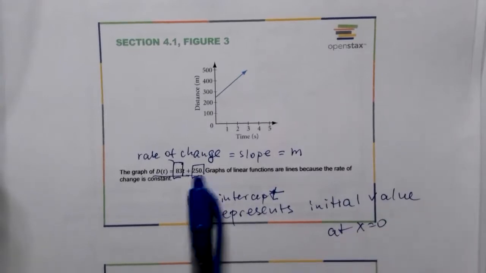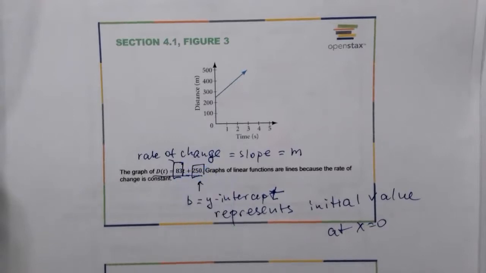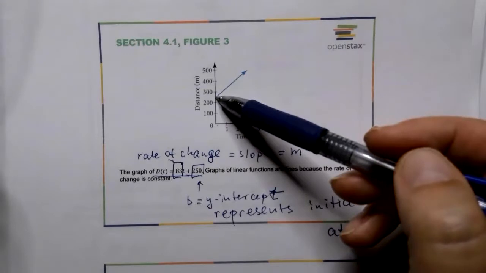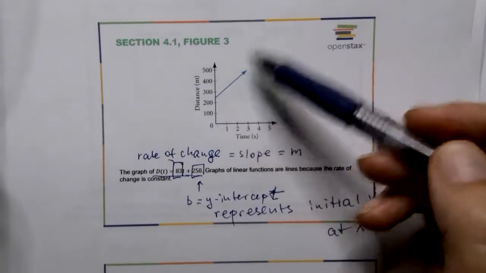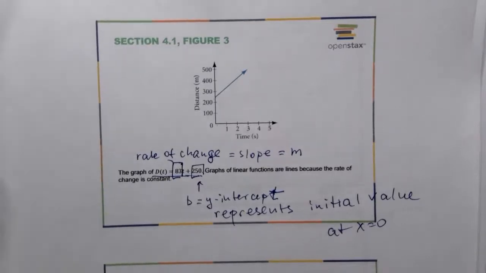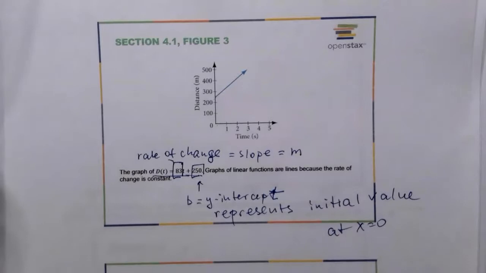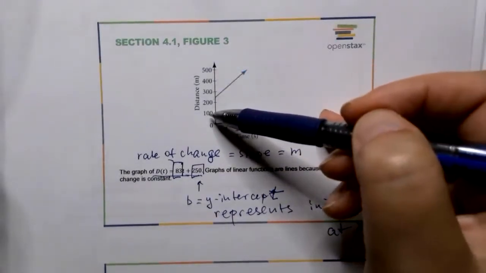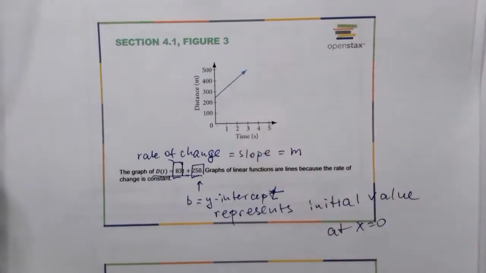That's what this constant means in the equation when applied to real world problems. Okay, so we know the y-intercept is 250, and then the line increases at the rate of 83 over 1. That's the slope, it grows very fast. That's why on the y scale, we have basically our units in hundreds.